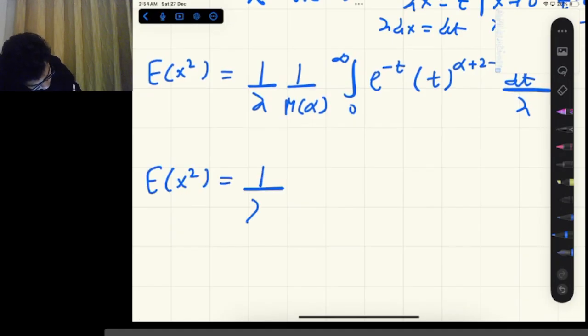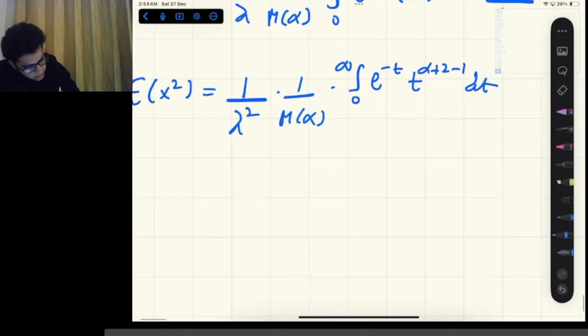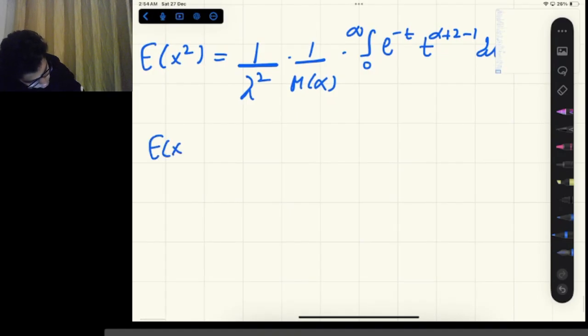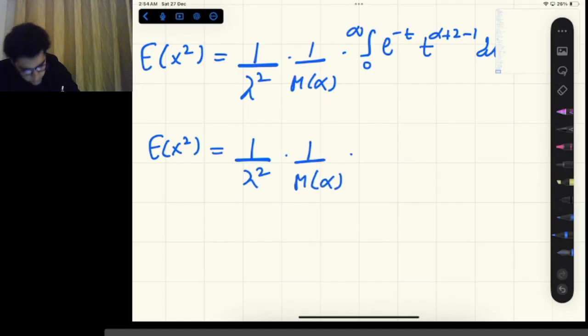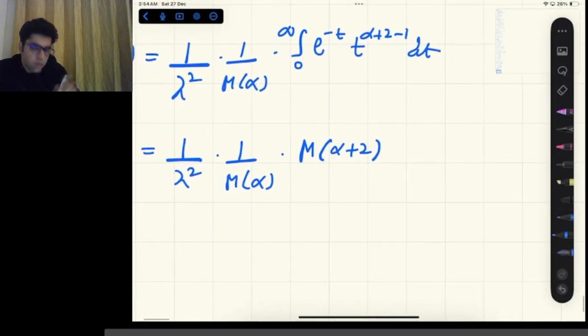so this becomes lambda square, 1 upon gamma alpha, integral 0 to infinity e to the power minus t, t to the power alpha plus 2 minus 1 dt. This finally becomes gamma alpha plus 2, because I have t to the power alpha plus 2 minus 1.